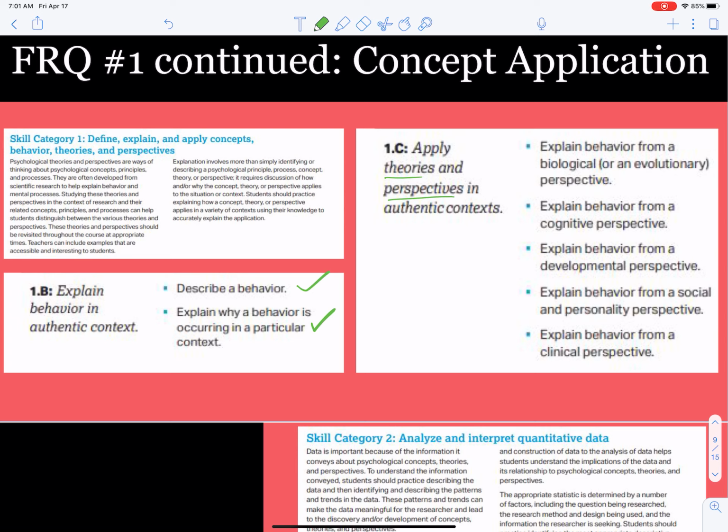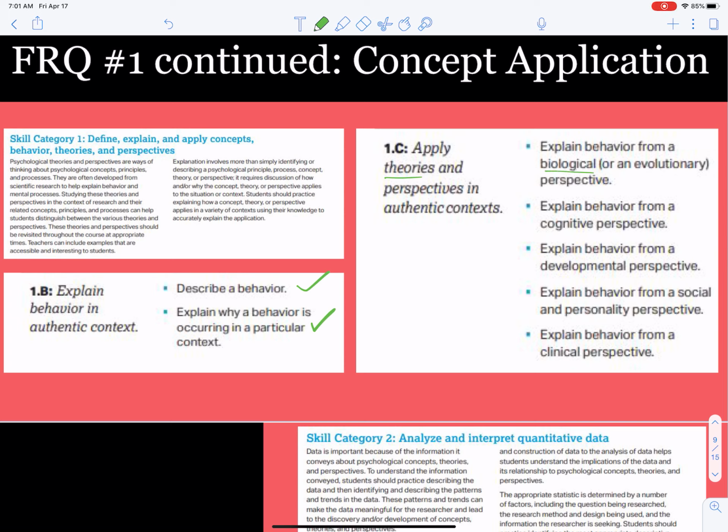When we learned about different types of perspectives, like there's biological perspective, that is a really easy one to remember. We can explain behaviors depending on what type of perspective we are taking on that behavior.